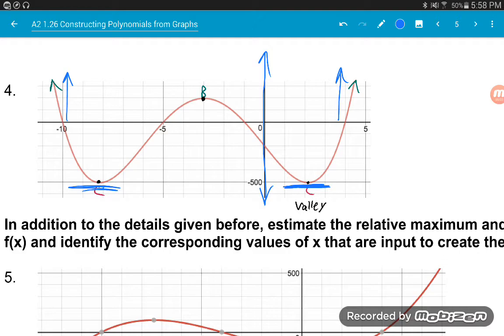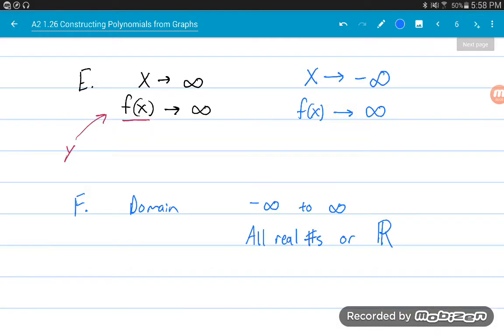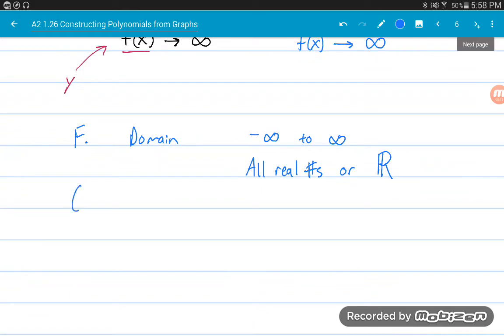So the y-axis is not completely covered by the function. It's only covered from negative 500 on upward. So we're going to say that the range is from negative 500 to infinity.